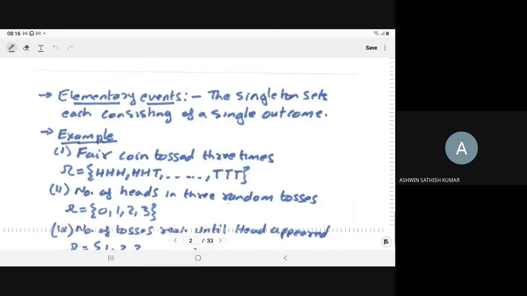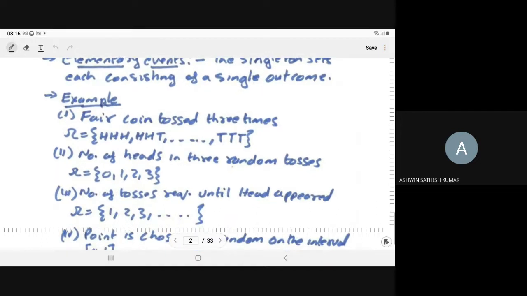So let us have an example. If you have three fair coins and you toss them, the sample space will be HHH, HHT, and so on, up to TTT. Similarly, if we toss the three coins and we are interested in the number of heads, the number of heads can be 0, 1, 2, 3.